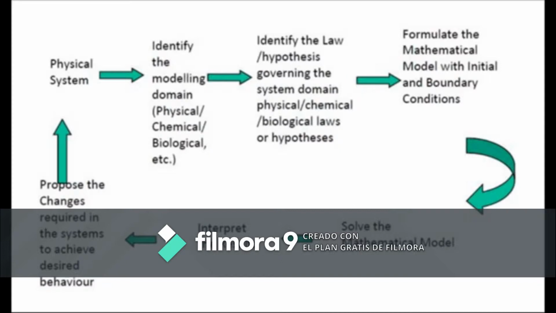It could be physical, chemical, biological, etc. Then you identify the laws or hypotheses governing the system domain, physical, chemical, biological laws or hypotheses, it depends. Then you formulate the mathematical model with initial and boundary conditions. Then you solve the mathematical model, interpret the results, and propose the changes required in the system to achieve desired behavior. And finally, you finish in your physical system.